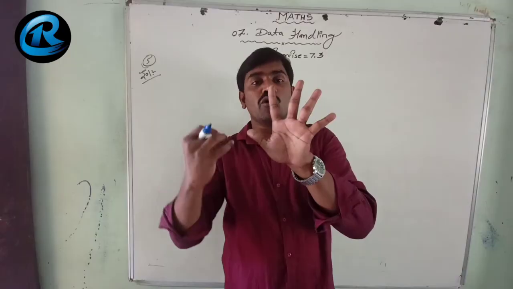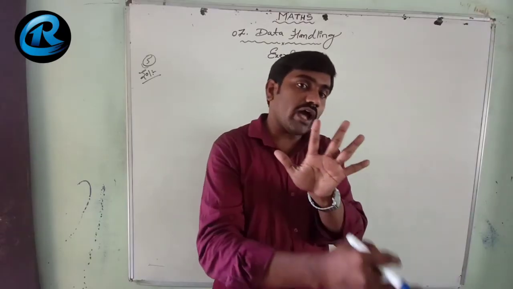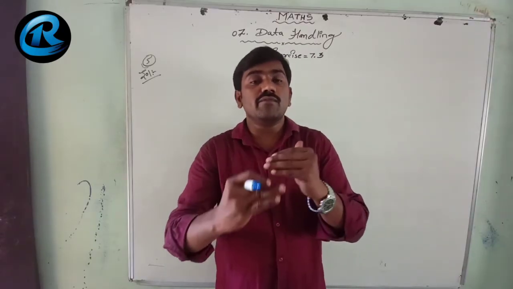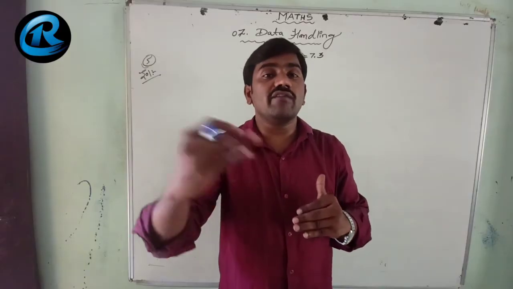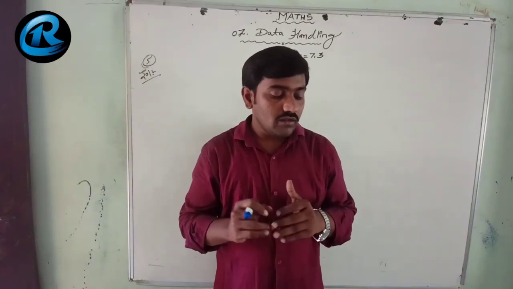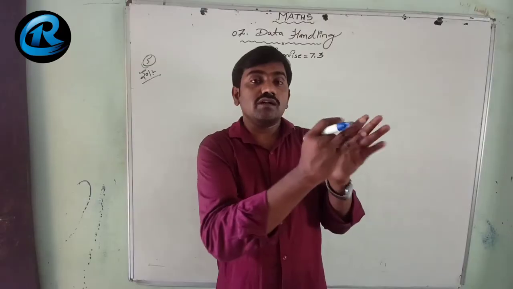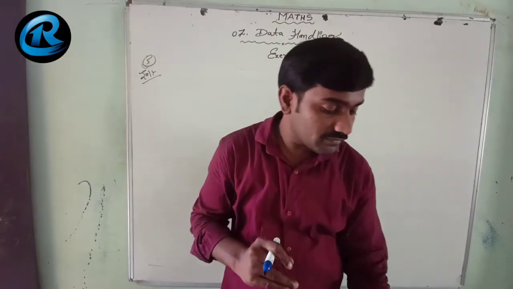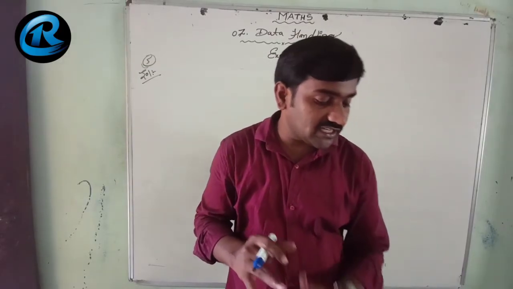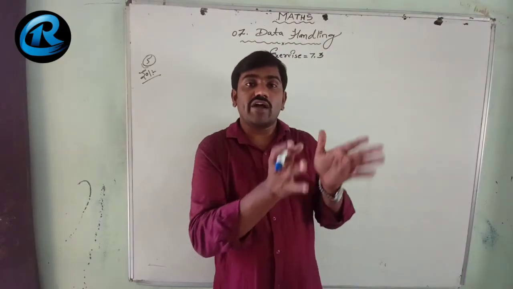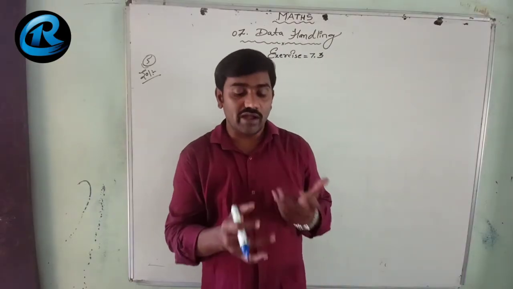The mean, median and mode will increase. So here also the same thing happened. The mean, median and mode are increased by 1 each. We added 4 numbers now. In that, what is the greatest number? We have to find out.